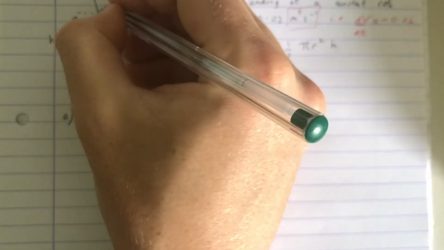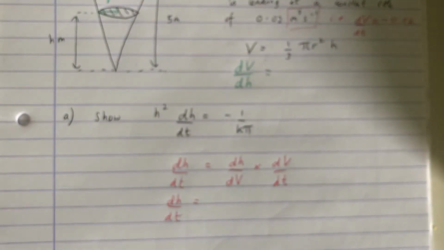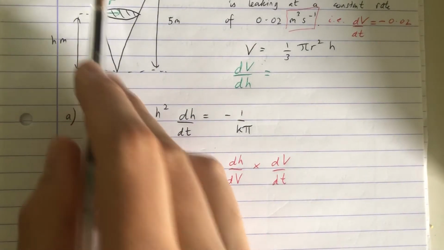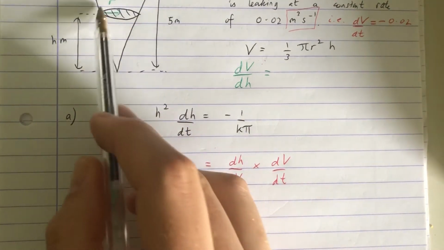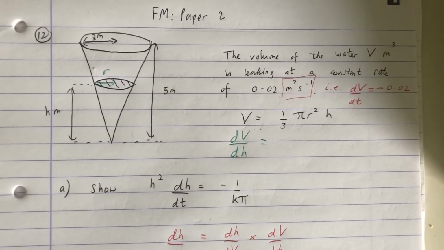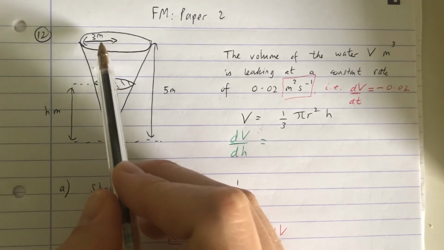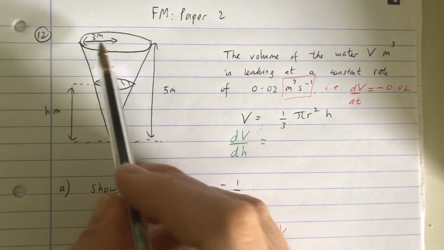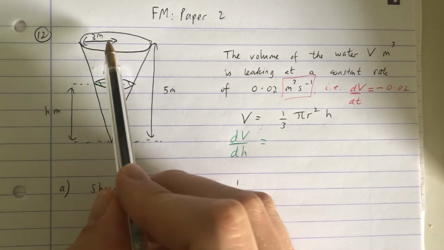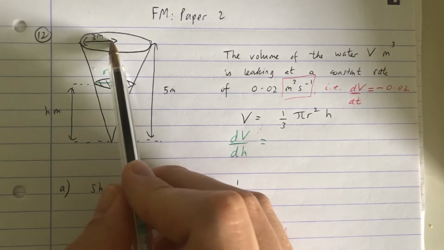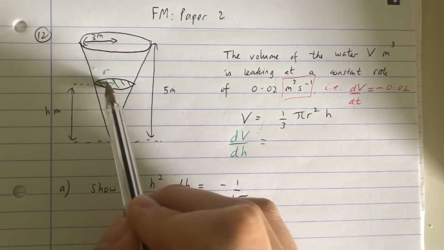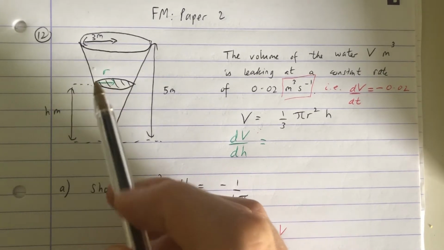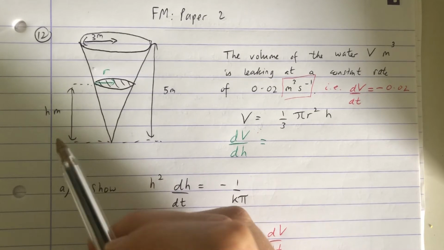Now, that's r there. And the one way to do this is use the fact that all cones are similar objects. So this cone there is similar to this cone there at the top. So if I wanted to work out the actual radius for this, one thing I can do is remember that the ratio between the radius at the top for the big cone and the radius of the small cone is exactly the same as the ratio of the height of the big cone and the height of the small cone.